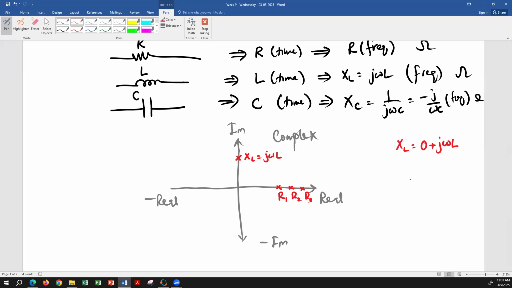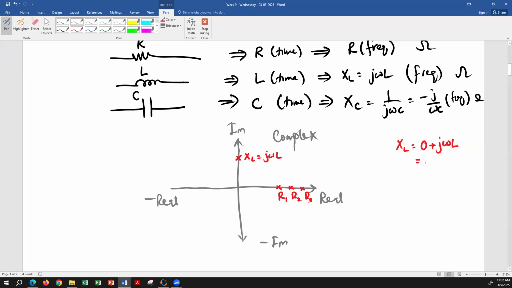Now, if you want to convert that into polar form, remember this is the rectangular form of the complex number, A plus jB. How do you convert that into polar form? If I want to write X_L in polar form, what will be the polar form of X_L? Magnitude and angle. What is the magnitude of X_L? Omega L. Omega L is the magnitude of X_L.